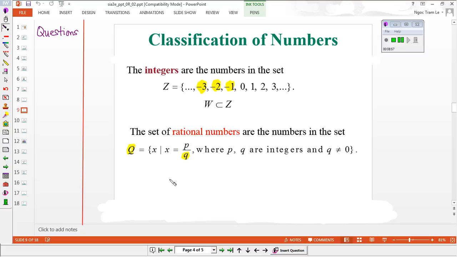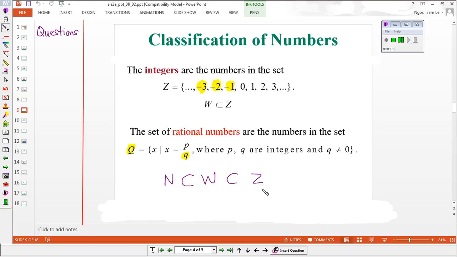So far you can see that it's like we just did on the first slide. We can see that natural numbers are a subset of whole numbers, because the set of whole numbers is bigger than the set of natural numbers by one number, which is 0.